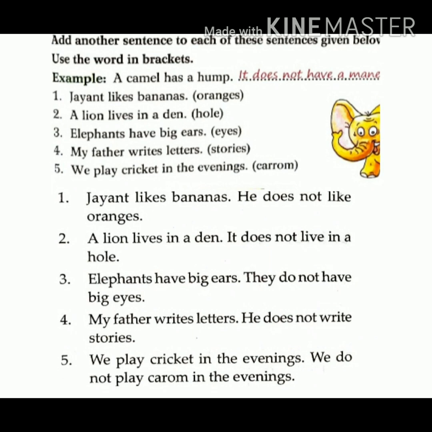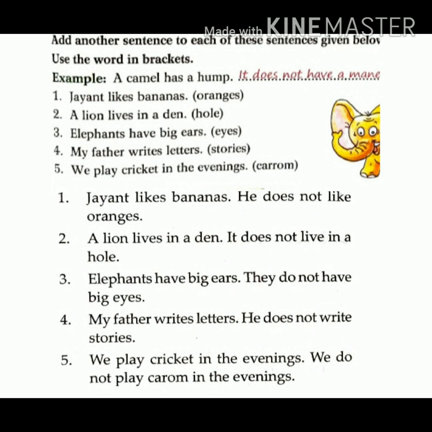Second one, a lion lives in a den. A lion lives in a den. It does not live in a hole. Third one, elephants have big ears. So you can write like that: Elephants have big ears. They do not have big eyes. Fourth one, my father writes letters.